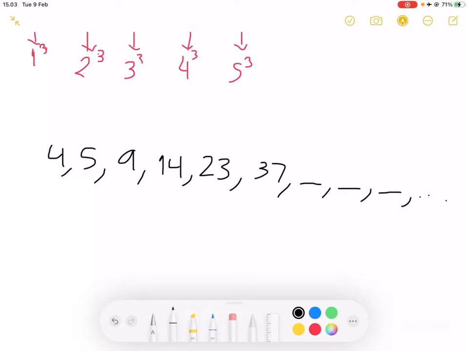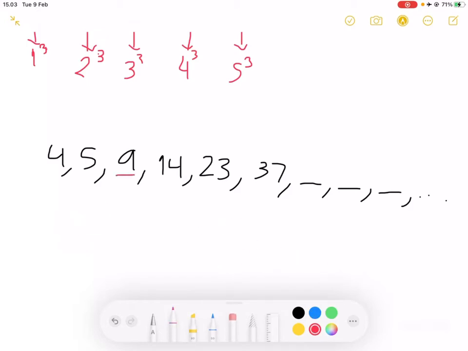This sequence is called a Fibonacci sequence, and it means you get a term by adding the two previous terms. So here's what I mean.